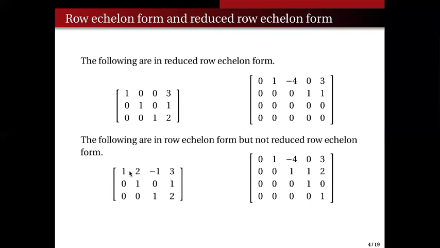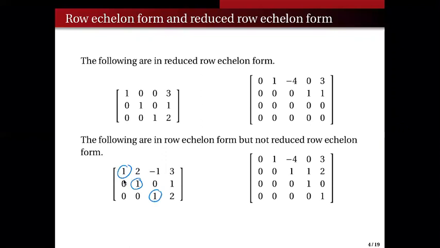For example, this is a non-zero row. The first non-zero entry is 1. The second row is also a non-zero row, and the first non-zero entry is 1. On the third row, non-zero row, the first non-zero entry is also 1.